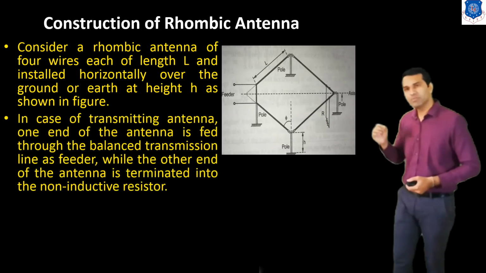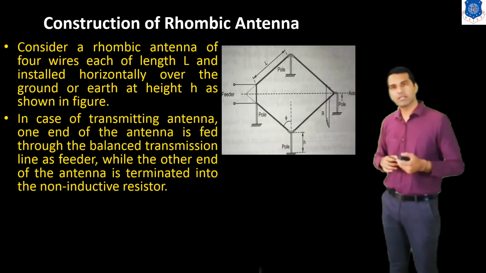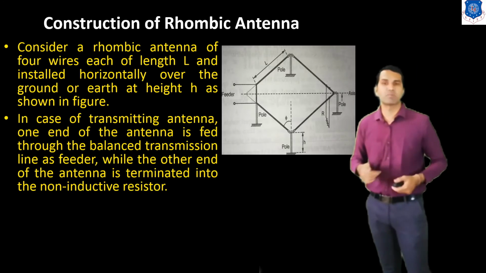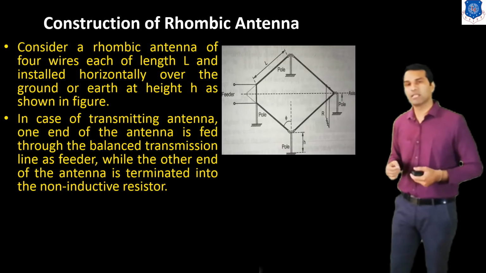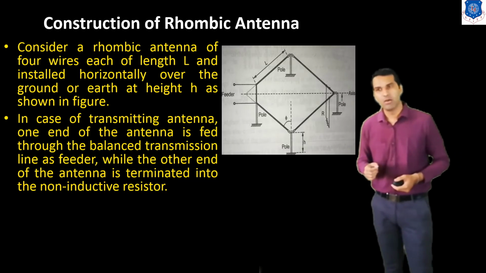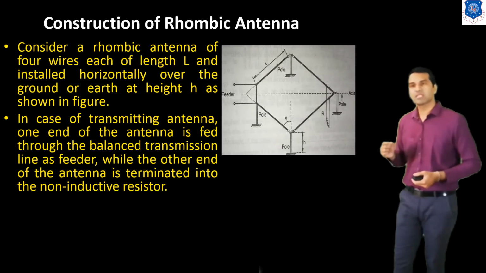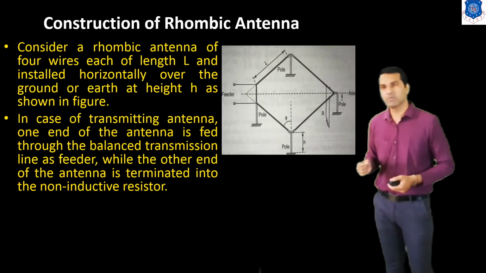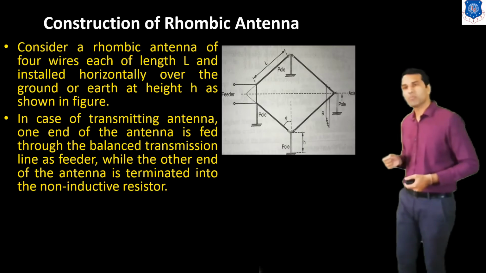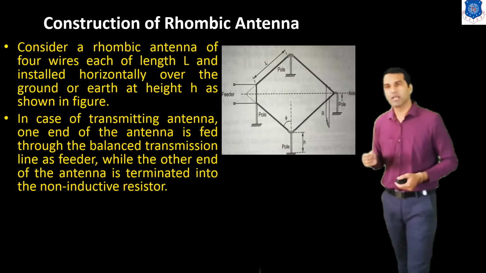In the case of the transmitting antenna, now we know that there are two cases. One is we can use this rhombic antenna in transmitting, and we can also use this antenna on the receiving side. Now we consider the case of the transmitting antenna. One end of the antenna is fed by the balanced transmission line as feeder, while the other end of the antenna is terminated into a non-inductive resistor.